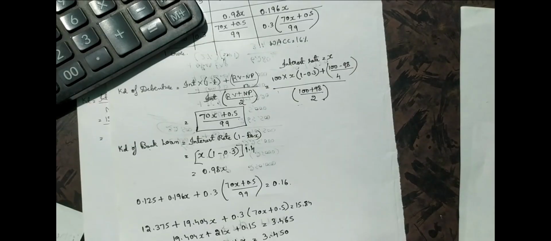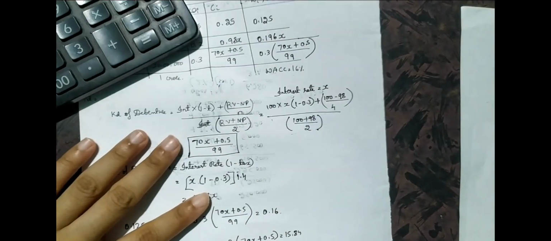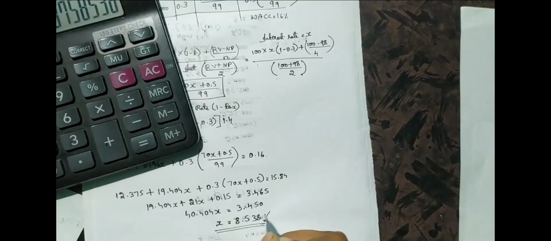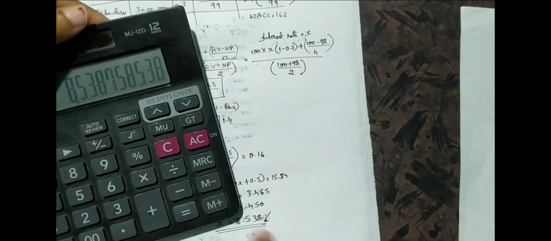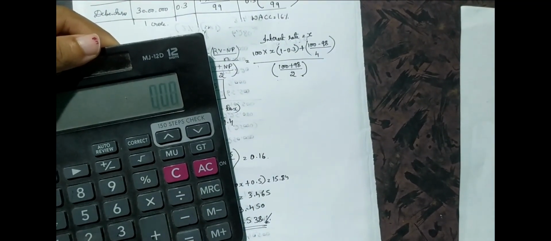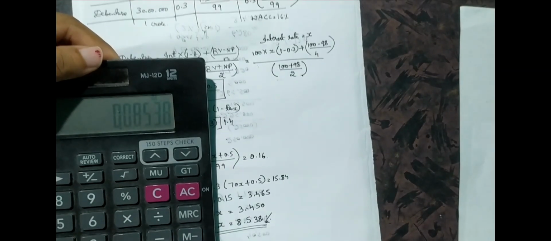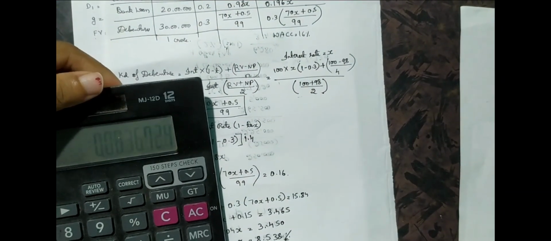So for interest on what, the rate of interest on debentures is 8.538%, and for bank loan it is 0.08538 into 1.4, sorry, into 0.98.